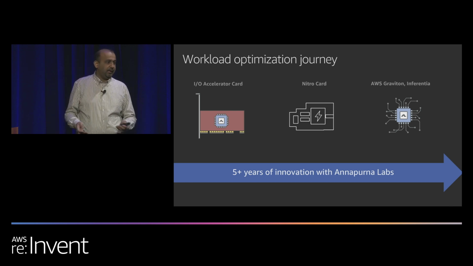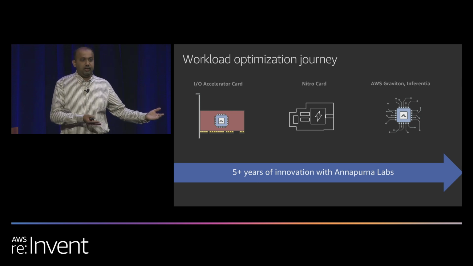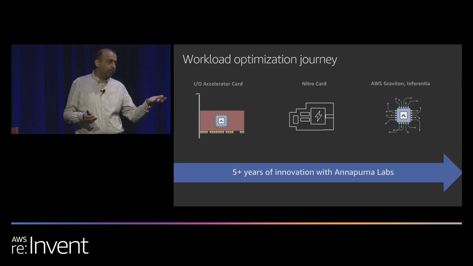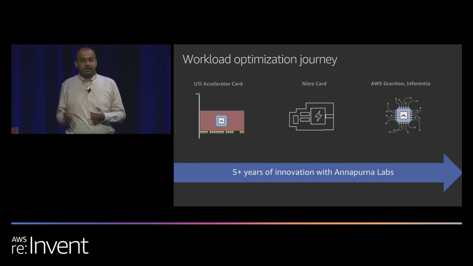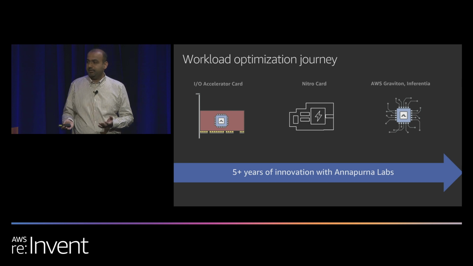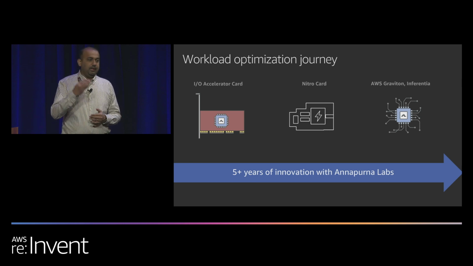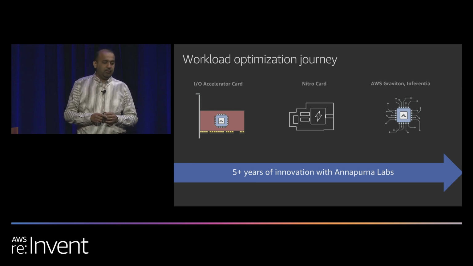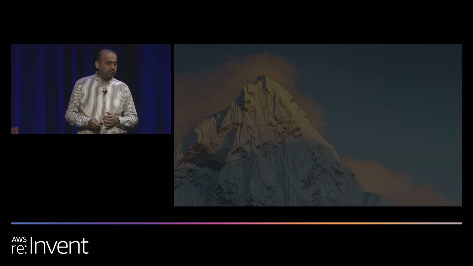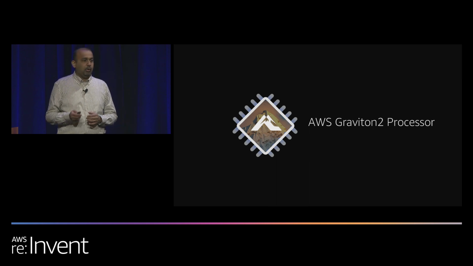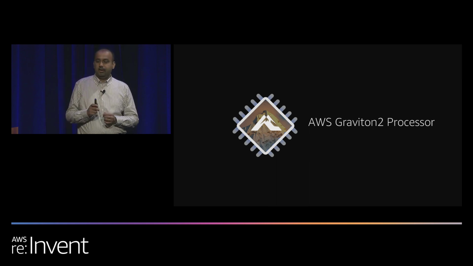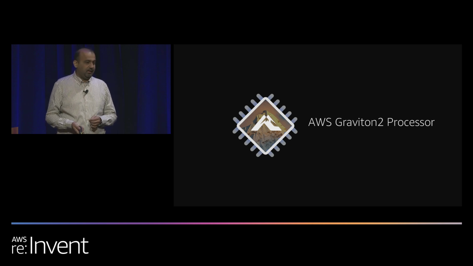A lot of these applications typically require enhanced capabilities beyond what we first delivered with our A1 instance, such as more compute power per vCPU, higher memory per vCPU, enhanced I/O capabilities with higher networking and higher EBS performance, or the ability to scale up to larger instance sizes. As all of this comes together, and as we look to broaden the number of workloads that can take advantage of Graviton instances, we are thrilled and excited to innovate on our Graviton line and talk to you about the Graviton 2 processor that we announced yesterday.